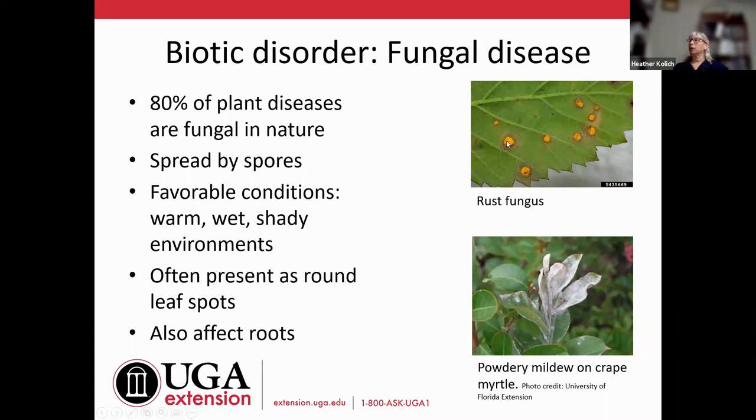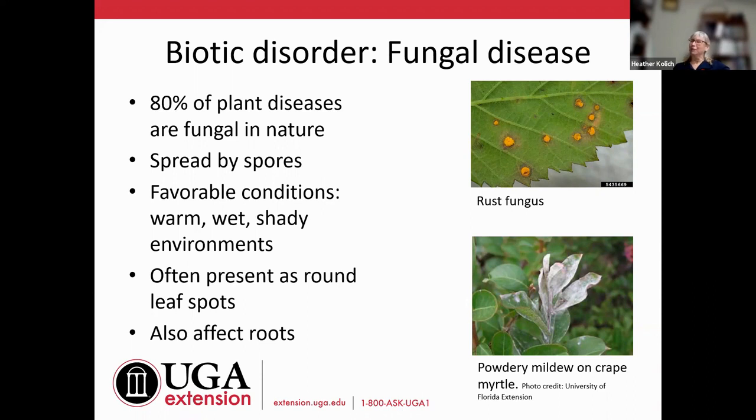So we'll see something like shot hole, or this is rust fungus that's growing in a round presentation. We might also see them as powdery mildew, the white powder that covers a leaf. And fungus can also affect roots.